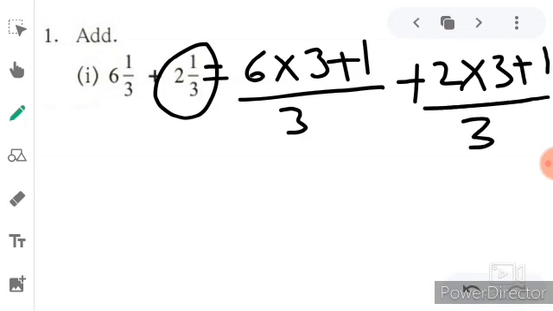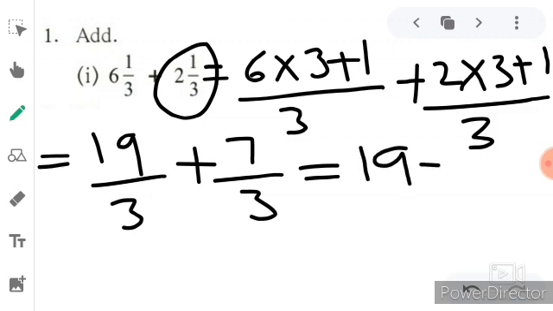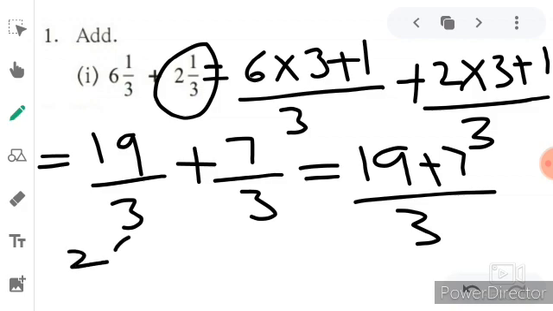Now multiply. 6 3s are 18 plus 1 is 19, 19 upon 3, plus 2 3s are 6 plus 1 is 7, 7 upon 3. Now add: 19 plus 7 upon 3 is 26 upon 3. So your answer is 26 upon 3.